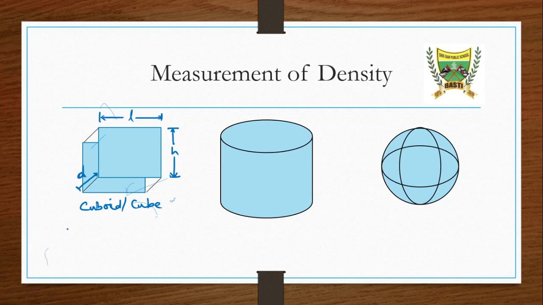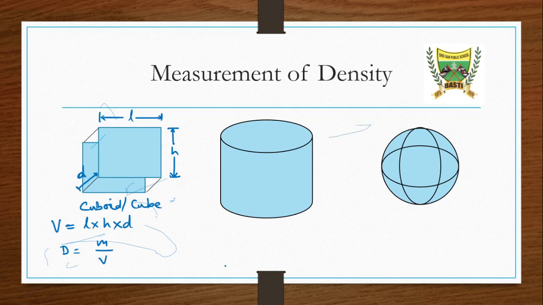So the volume of this cube or cuboid will be equal to length multiplied by height multiplied by depth. Like this we can calculate the volume of a cube or cuboid. So the density will be, simply calculate the mass of it, divide by the volume.